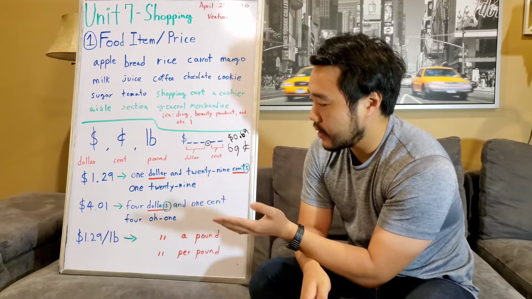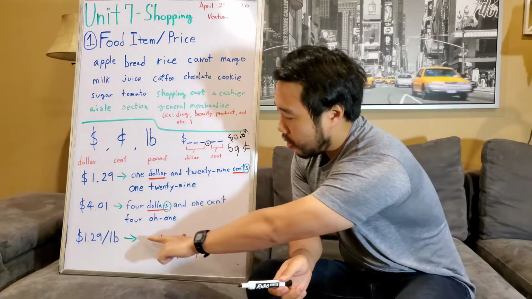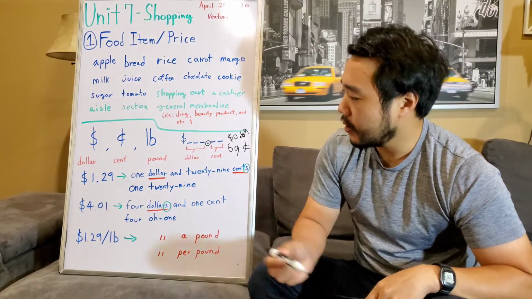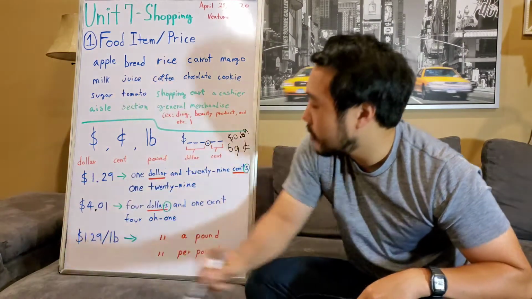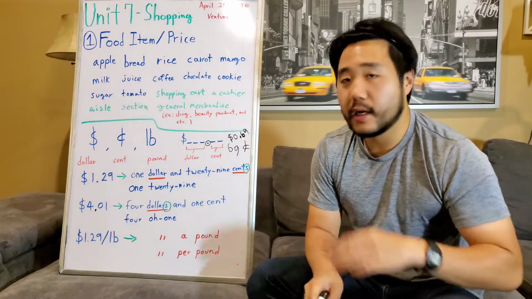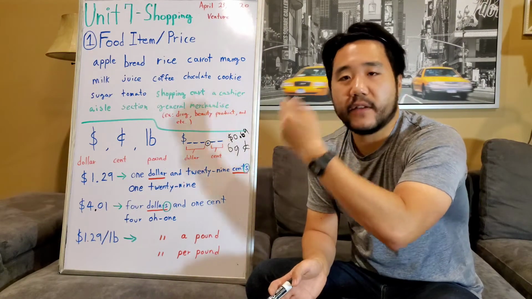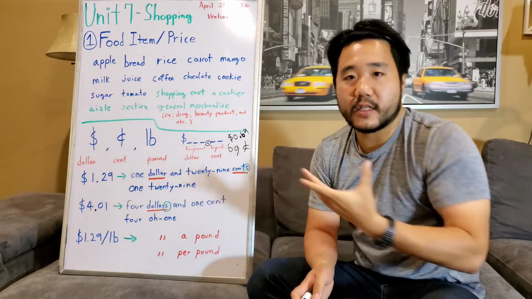Another way of saying this is we take out the dollar and the cent, then we just say 4.01. There's a dot symbol right there, and the dot indicates a section where this part is for dollars and this part is for the cents.